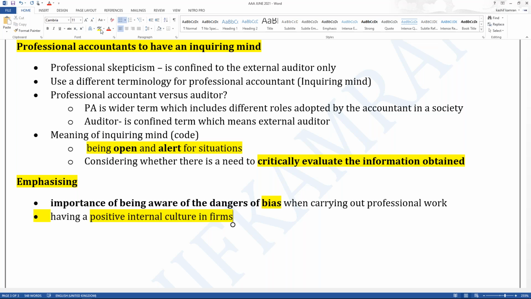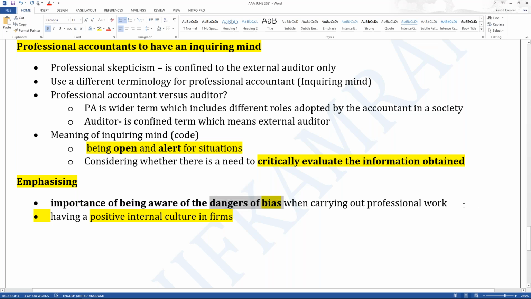Now, the code of conduct is emphasizing the importance of being aware of the danger of bias. So the accountant should be aware of the danger of bias, including the technological bias we discussed yesterday.